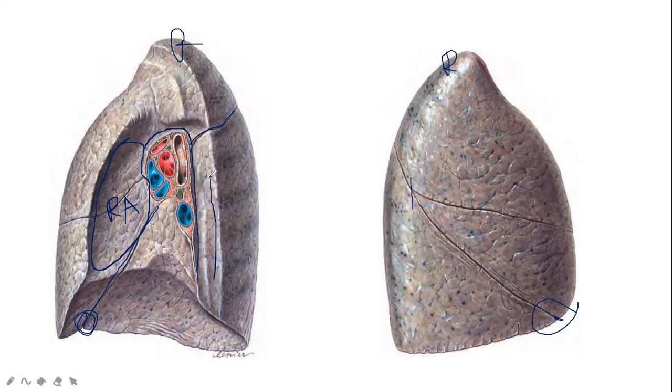What exactly is that? That is the azygous vein coming over there. And this impression over here is created by the inferior vena cava, just getting into the right atria.